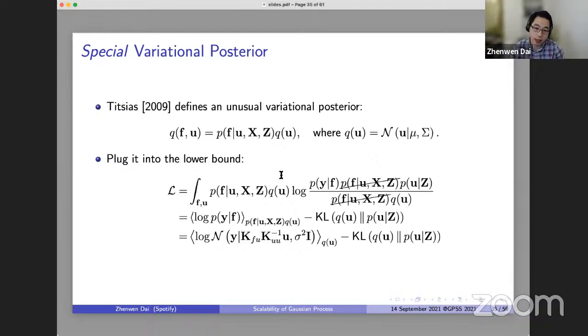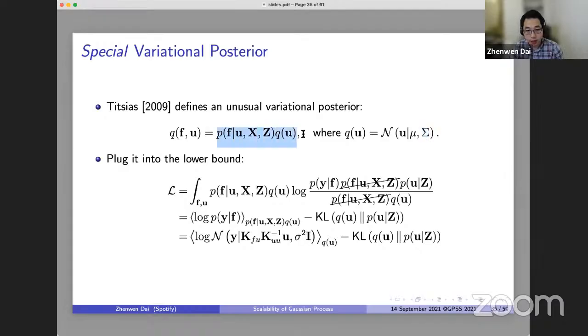He defines Q of F comma U as the prior distribution P of F given U times a parametric posterior formulation for those inducing variables U. In this case, we parameterize this Q of U as a multivariate normal. Both the mean and the covariance matrix are variational parameters that we will optimize.